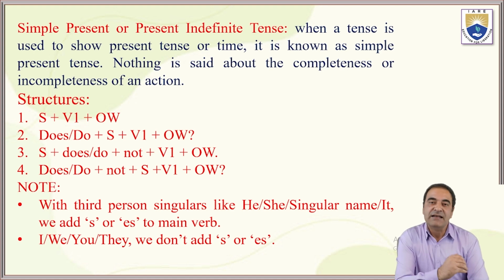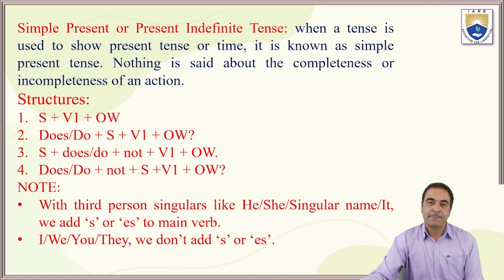Now, coming back to the definition of simple present, I will repeat this definition, and this definition goes like this: when a tense is used to show present time, it's known as simple present tense. Nothing is said about the completeness or incompleteness of an action. Here in simple present, we know only one thing, that is, time of an action is present.